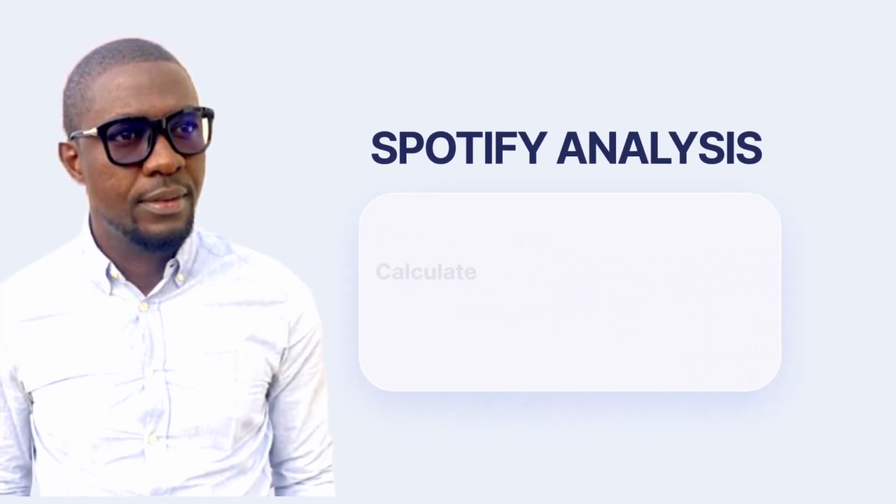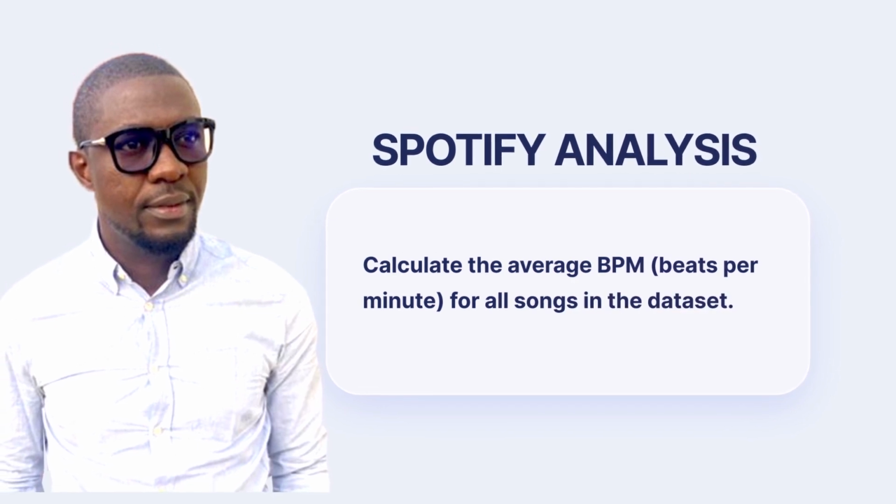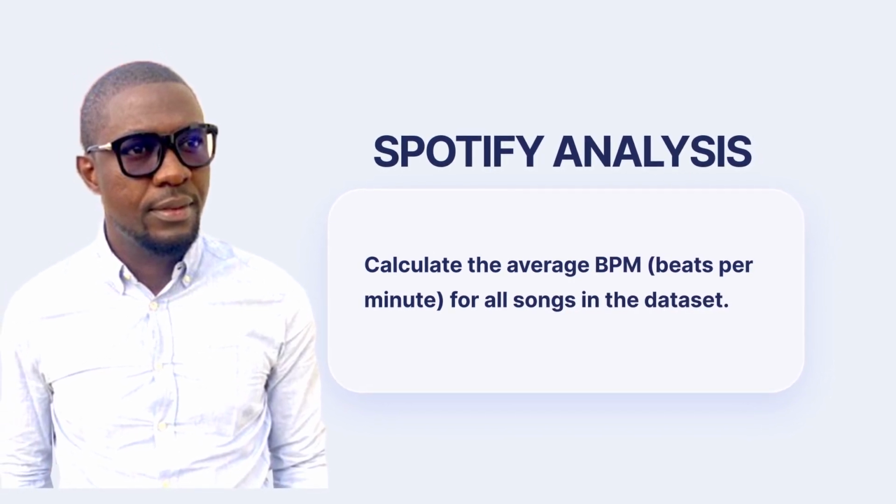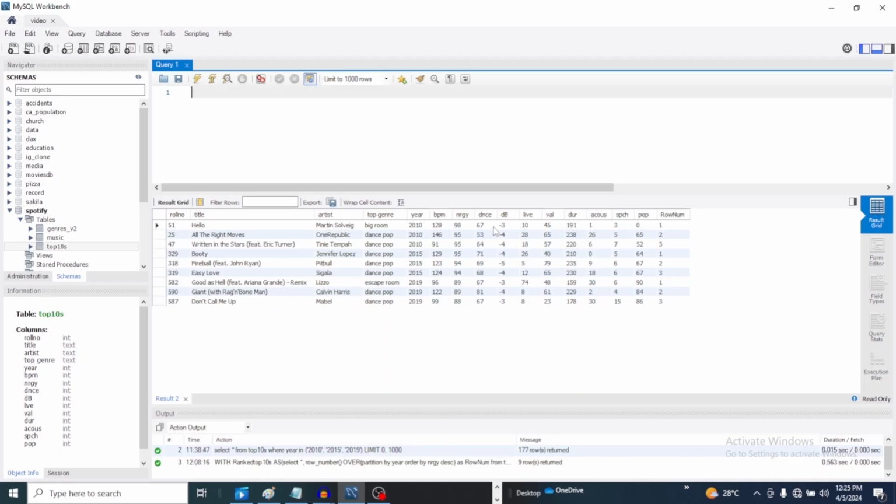Calculate the average BPM, which means beats per minute, for all songs in the data set. Okay, so let's do that. Select sum. We need the sum. Okay, this is our function.